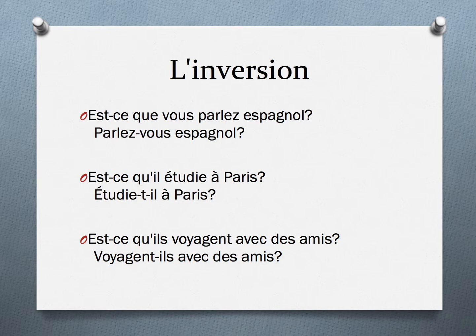Third, est-ce qu'il voyage avec des amis? Inversion, voyage-t-il avec des amis? Pay attention to the pronunciation, it's kind of tricky. It's hard to look at the sentence and decide how to pronounce it. I know that. Voyage-t-il avec des amis?